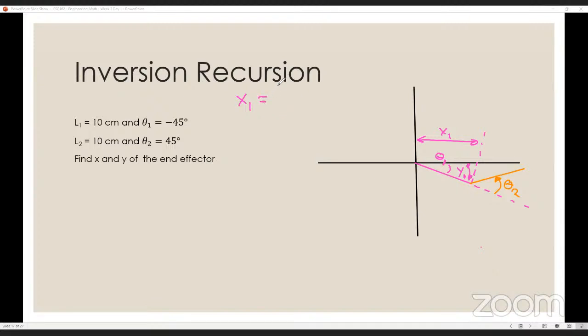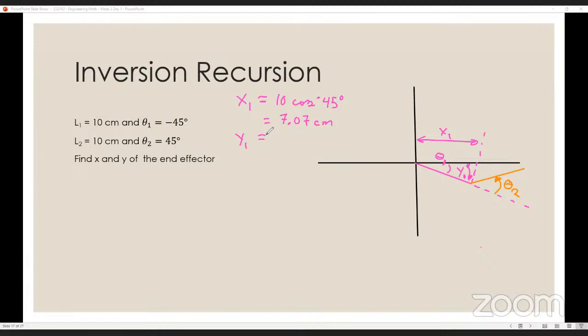X1 is equal to 10 centimeters times the cosine of negative 45 degrees. So X1 is going to be 7.07 centimeters.